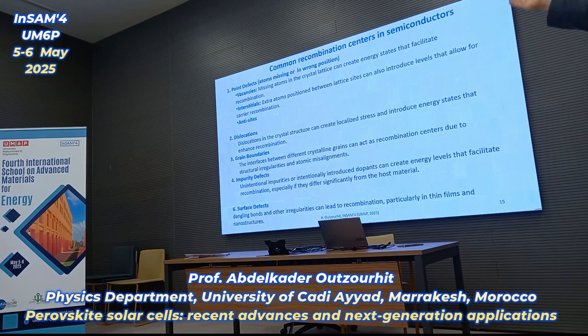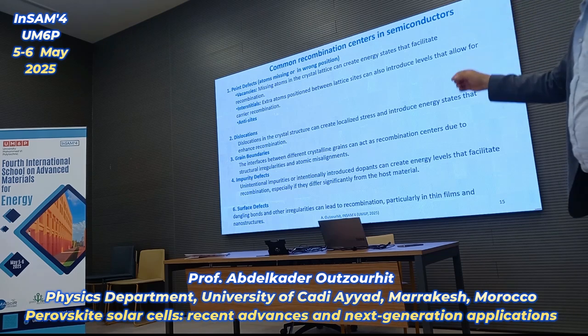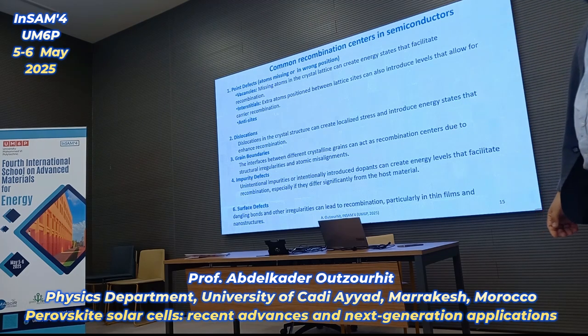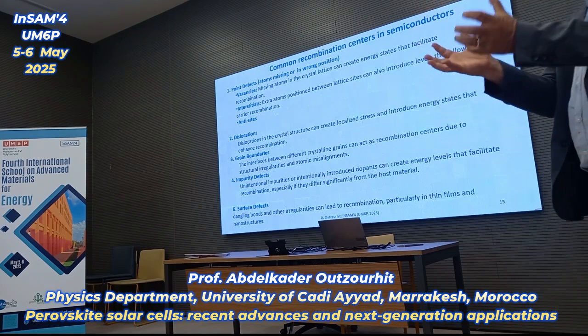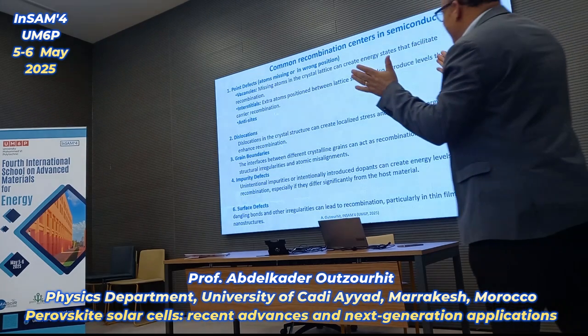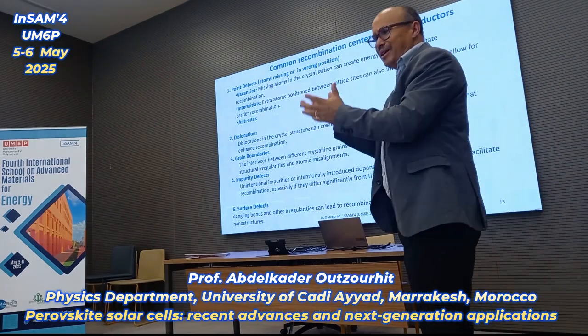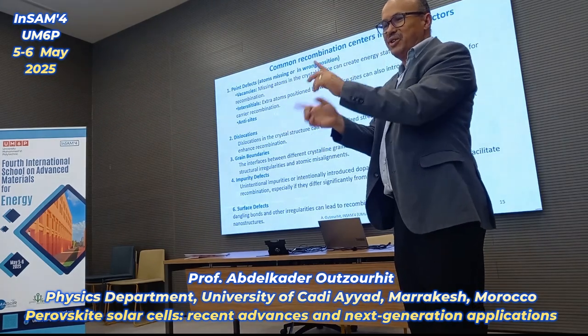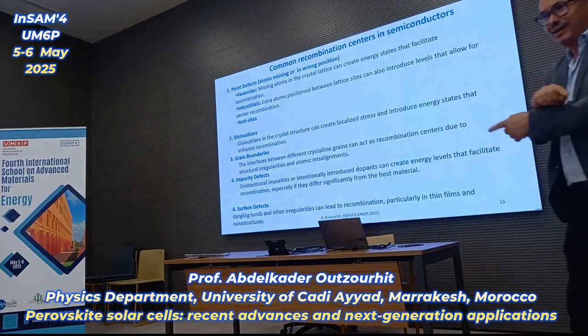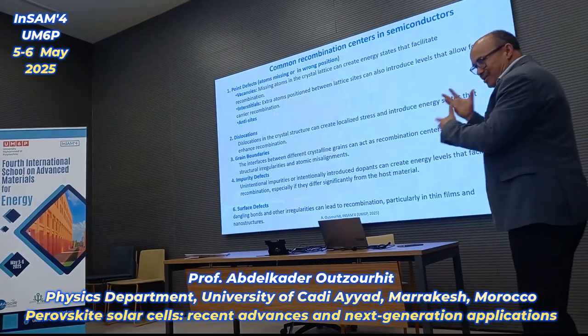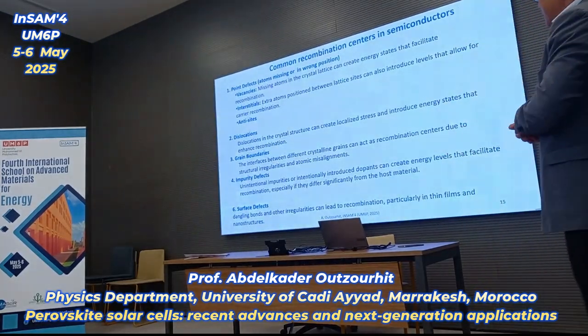For example, you have an interstitial, an atom that should be in a lattice point is inside an interstitial site, or an anti-site. That means atoms switching sites. Okay, those are all centers of recombination.